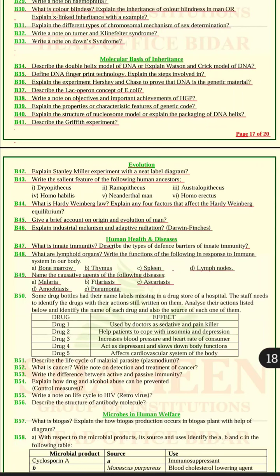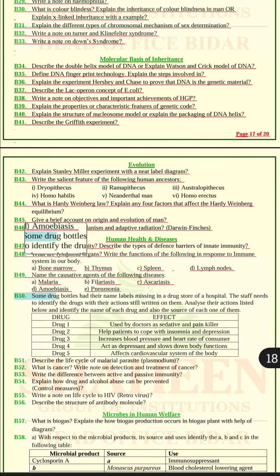Okay friends, you have to understand these diseases and you have to remember the causes of these diseases, and you have to also remember what kind of virus and what kind of bacteria cause this disease. Please study carefully. You have enough time to score more than 75 marks in your board.